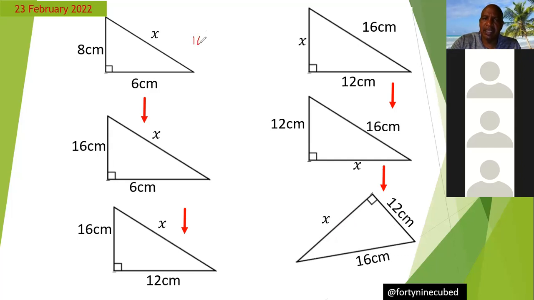When we write it now, we'll just write it in the form of the equation of Pythagoras. So we say 16 centimeters squared is equal to, now the other two sides would be the x and the 12. So 12 squared plus x squared.